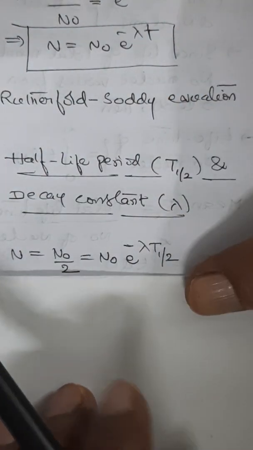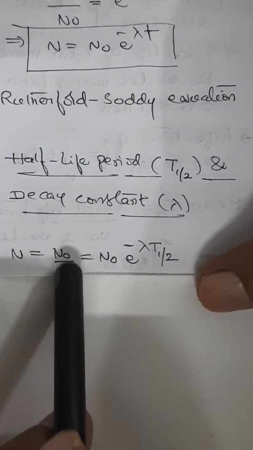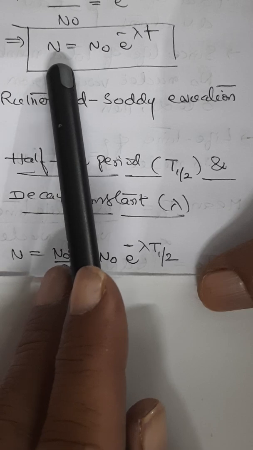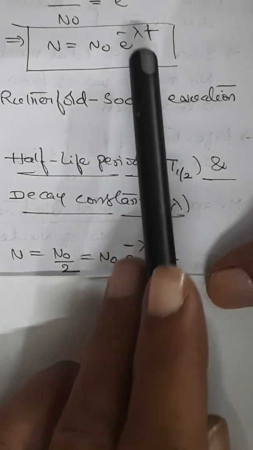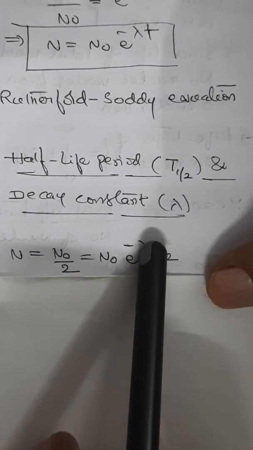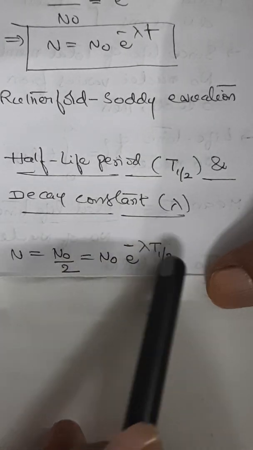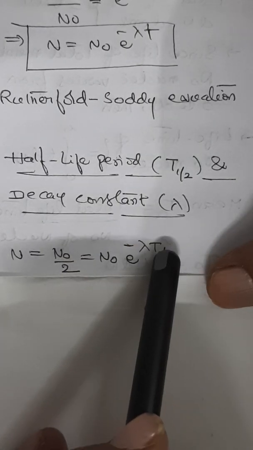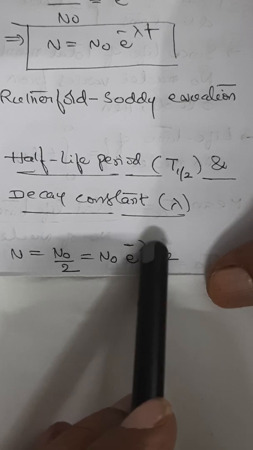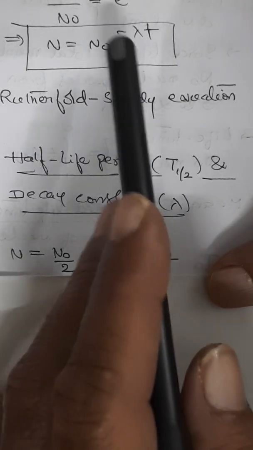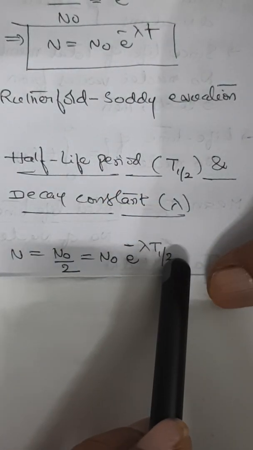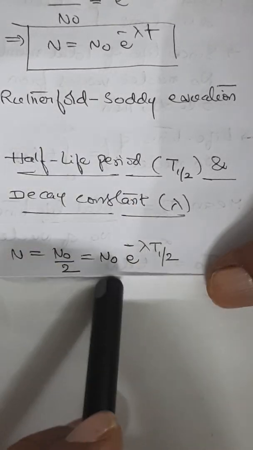Therefore, n equal to n naught by 2. But n equal to what? n naught into e power minus lambda t. That is n naught into e power minus lambda t half, where t is nothing but the half-life period. So, for small t, we will substitute capital T half. So, this is how we can equate these two.